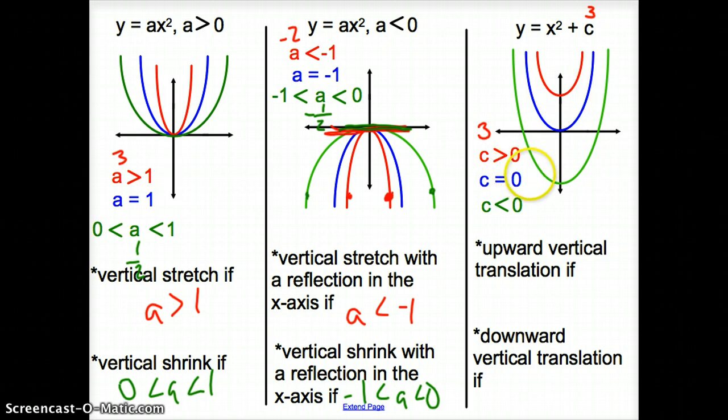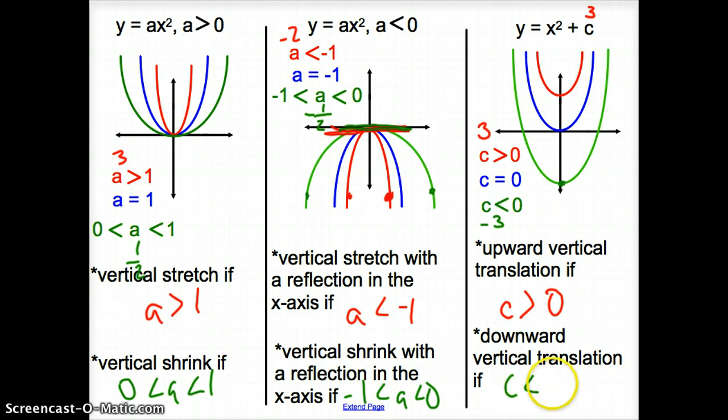Again, c equals 0 is our parent parabola, and then for our green, c is less than 0, so we could pick any number less than 0. Let's go with -3. It would move it down 3 on our y-axis. It would cross the y-axis right there.